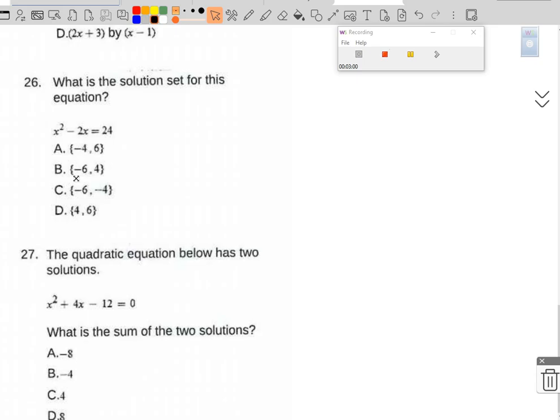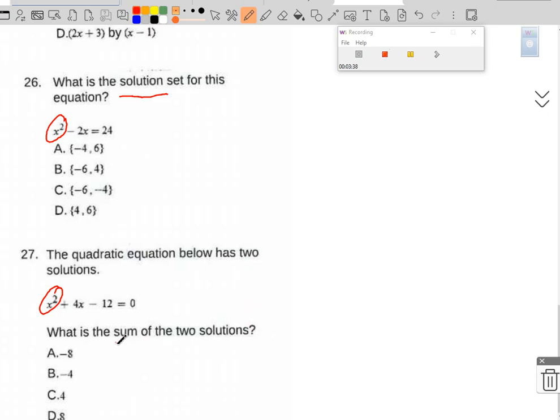We're finding the solution, which remember, in a quadratic equation are the x-intercepts, right? We're finding the x value when y is 0. So notice, both of these are quadratic equations, and we know because there's an exponent of 2 on the variable. This one asks you for the solution set. That's what we did almost all the time when we solved quadratic equations.